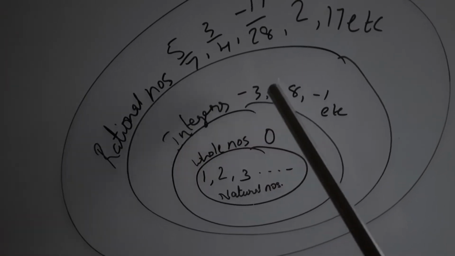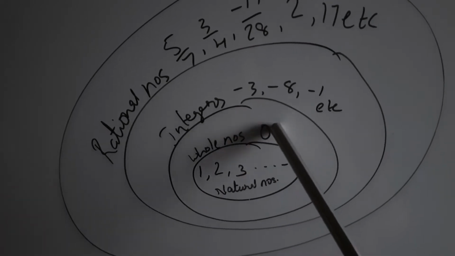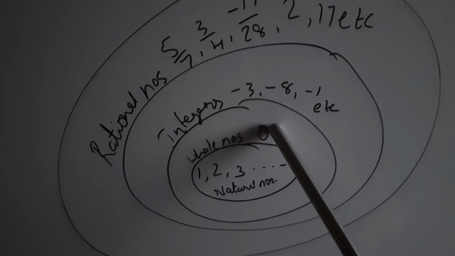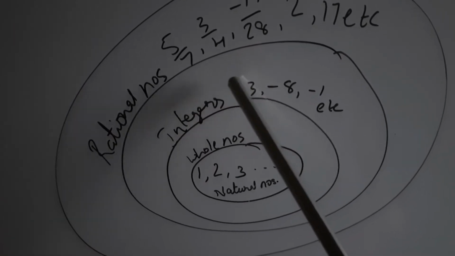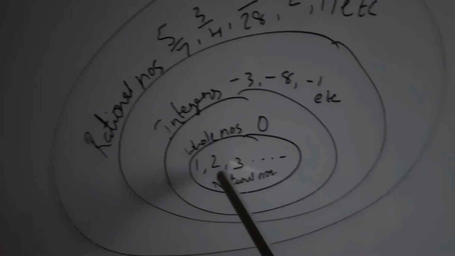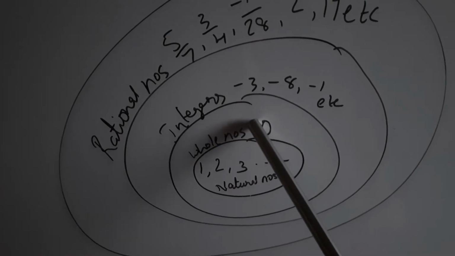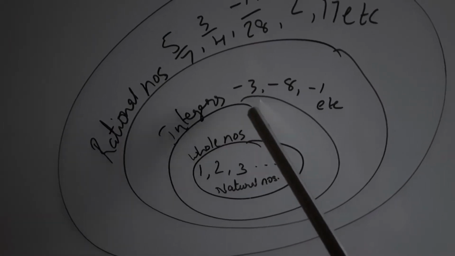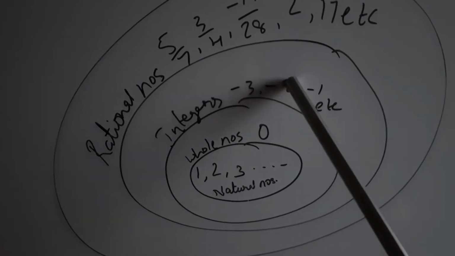When you add the opposite numbers to the natural numbers and 0 on the number line, you get integers: minus 3, minus 2, minus 1, 0, 1, 2, 3, etc. Understood now?